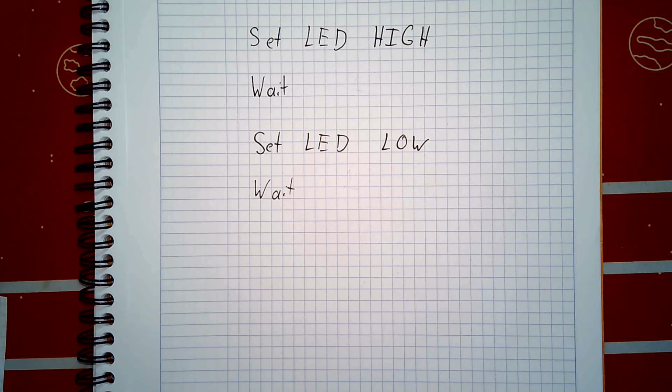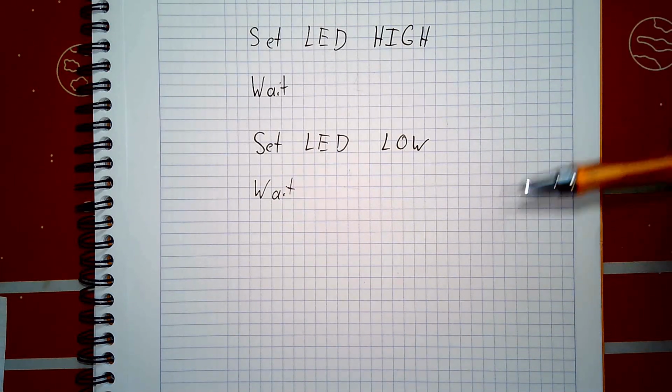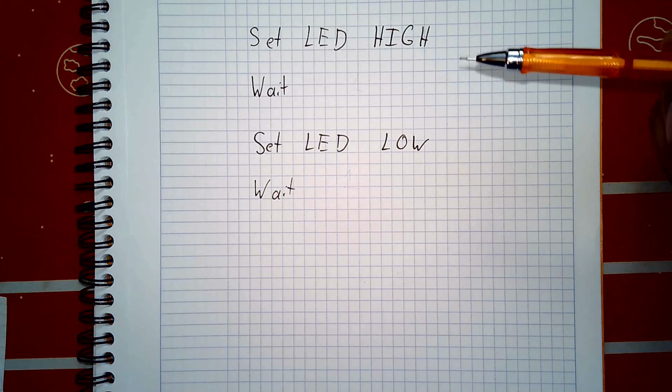Alright engineers, so now we're going to look at an example of one benefit that variables can give us. I've got this program right here and I want to use it to make an LED blink.